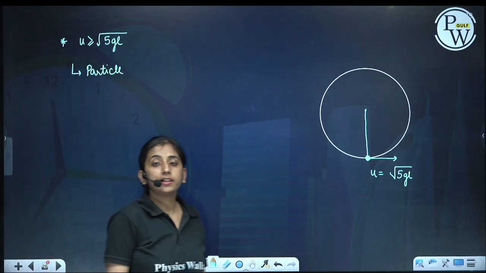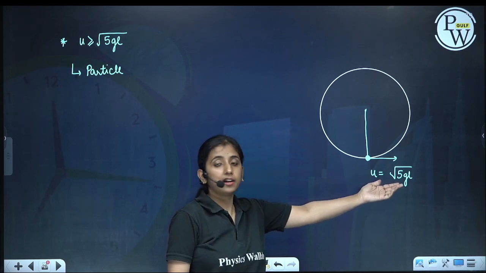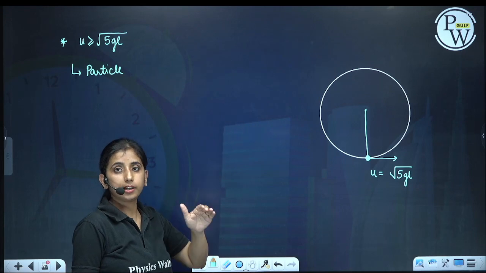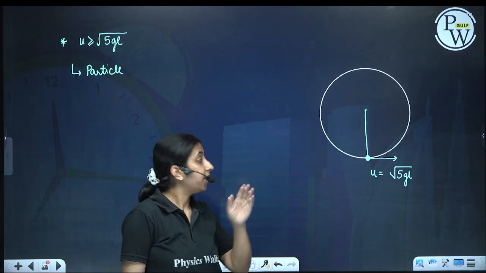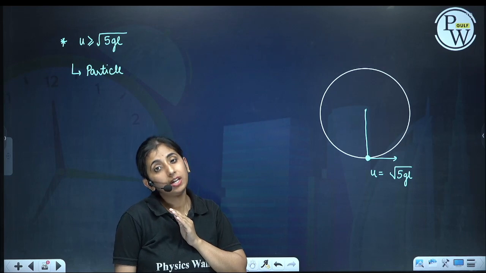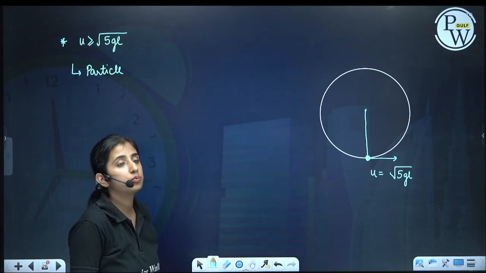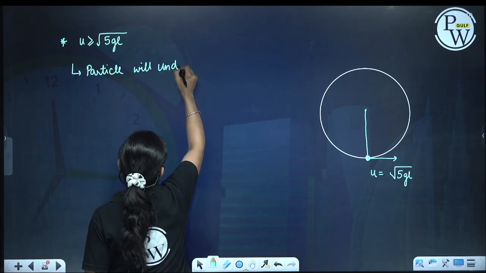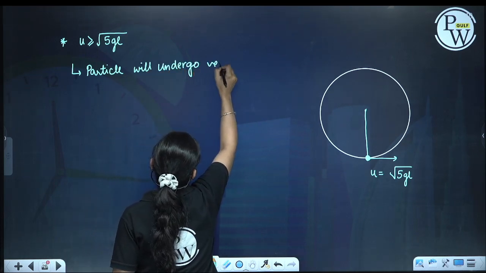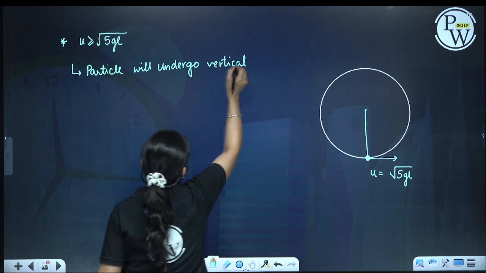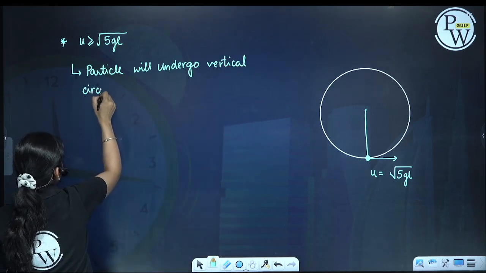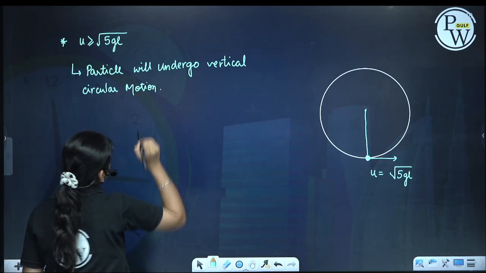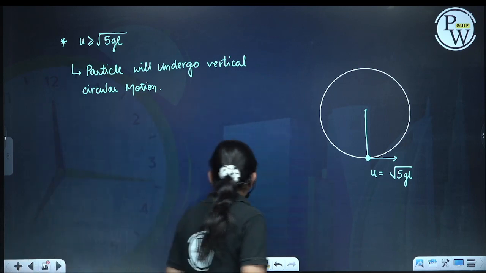At no point will tension become 0 in between. At the topmost point tension just becomes 0 for velocity under root 5gl. This is called the critical velocity. So the particle will undergo vertical circular motion.